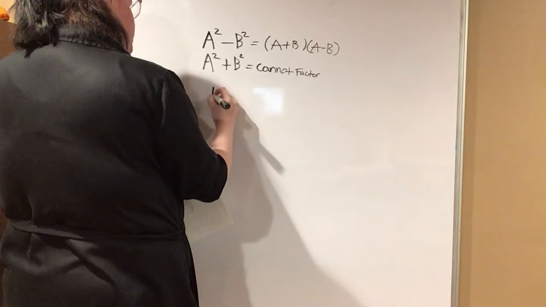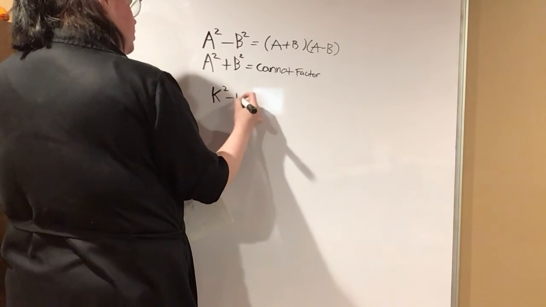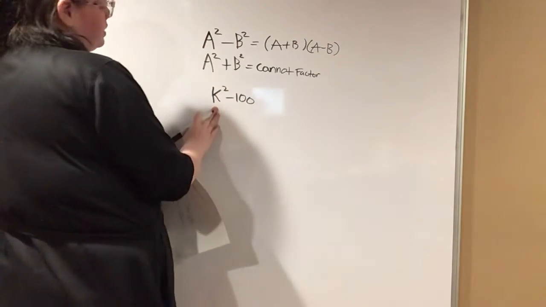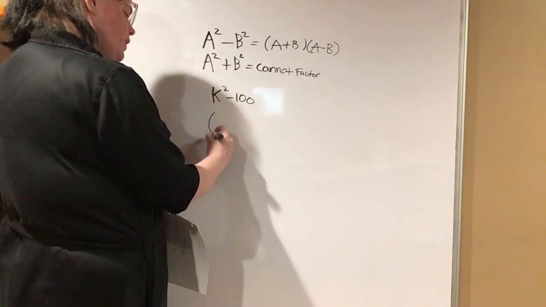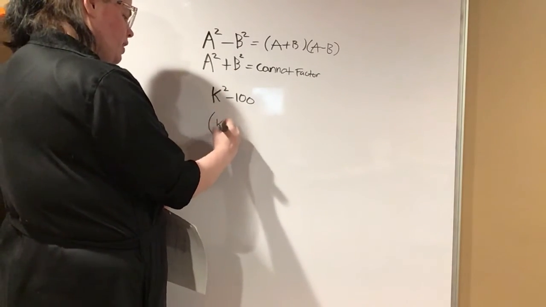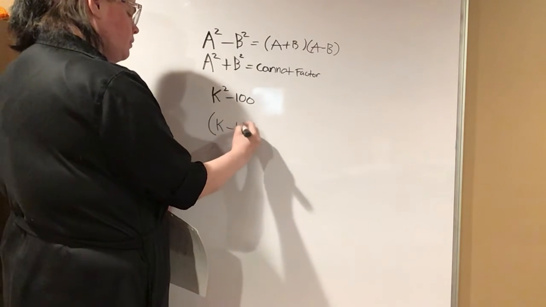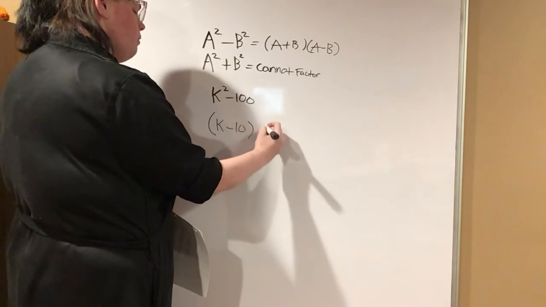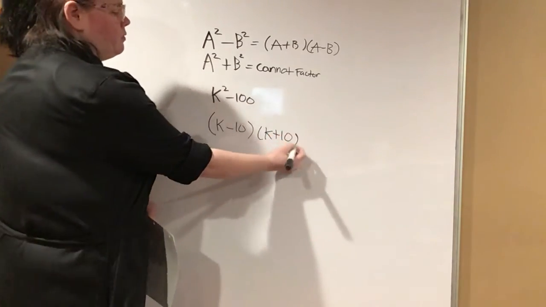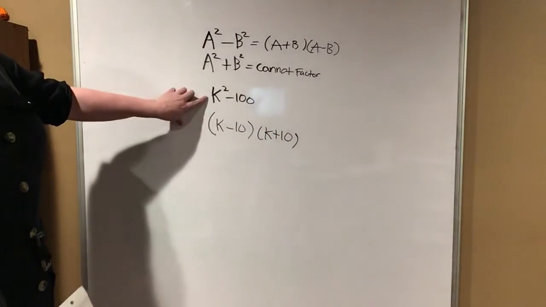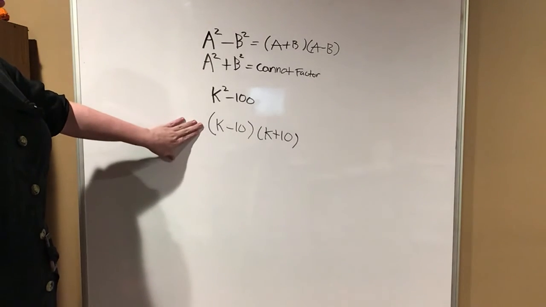If I'm given k squared minus 100, I know that this is a perfect square, and so is this guy. So to factor it, I know I'm going to have a k minus 10 and a k plus 10. Difference of squares, factored.